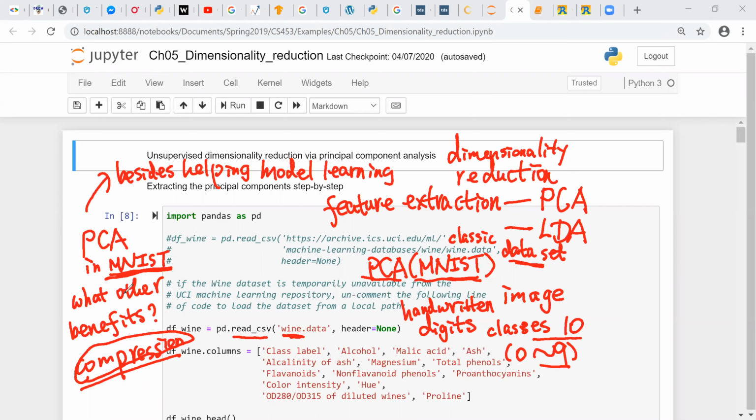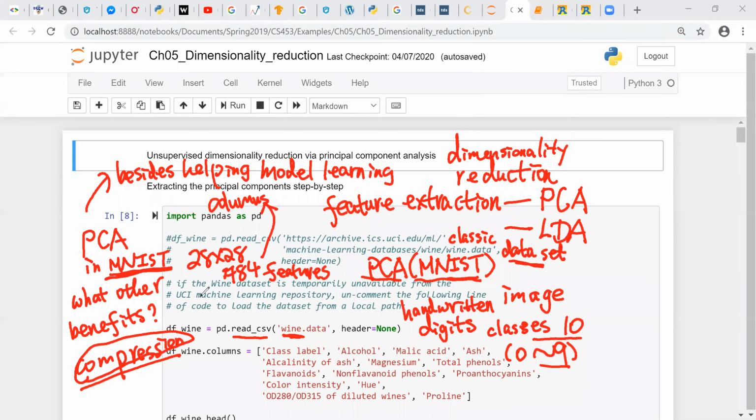And in this case, you compress the data and it can still help model learning, and we did see that. The dimension is not that high because it's just 28 by 28 pixels. So the original is 784 features. Features means you have this number of columns.